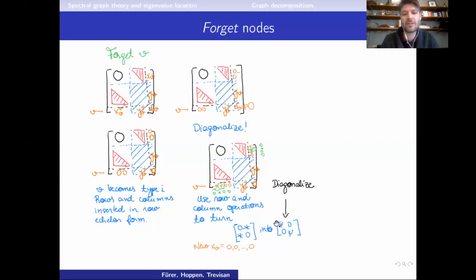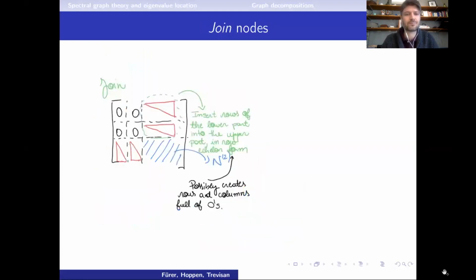And now we have non-zero elements in the diagonal, and we can use them to diagonalize. And the fact that this works for symmetric matrices and it works for congruence is because we need this trick to get this matrix into this matrix here.